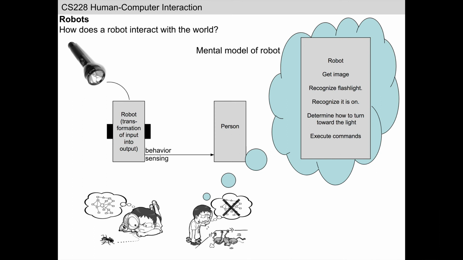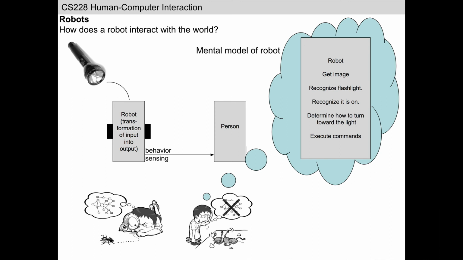One of the challenges historically in robotics, one of the reasons that the development of robots has lagged behind the development of computers and smartphones, is that our mental model of a robot, or our mental model of an animal, which is usually, and animals are usually our models for building robots, our mental models are wrong.